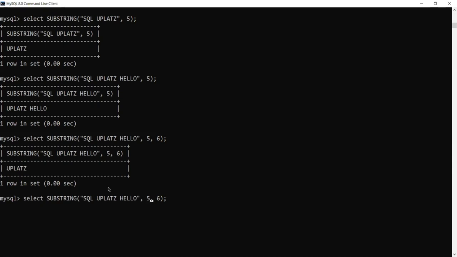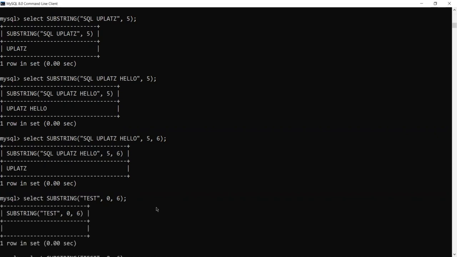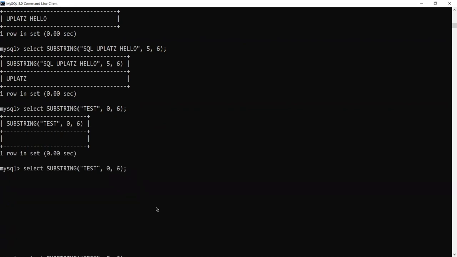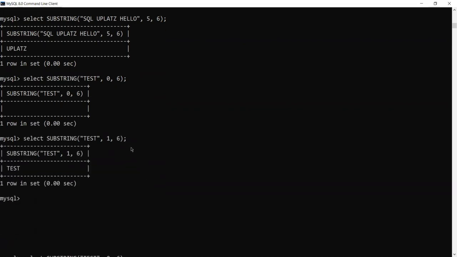Right, let's see, I have this test here. If I say 0 for substring, I'll get nothing because it will not understand exactly where to start from. If I give 1, then it will definitely understand where to start from. The same is the case with substr.